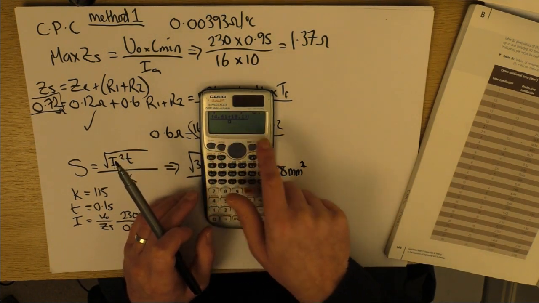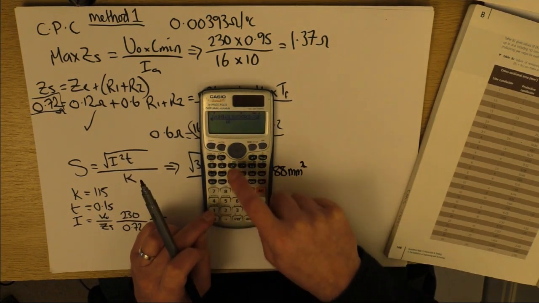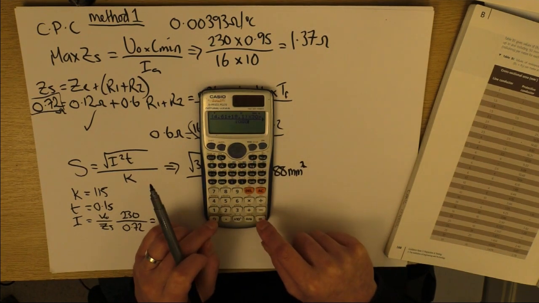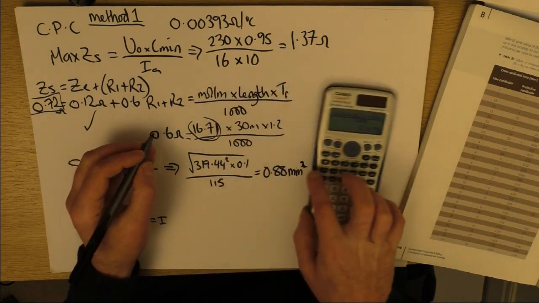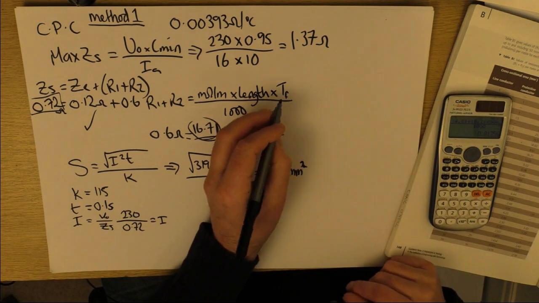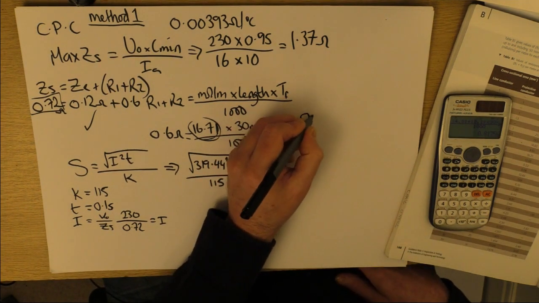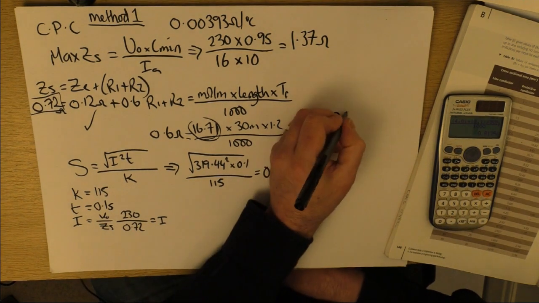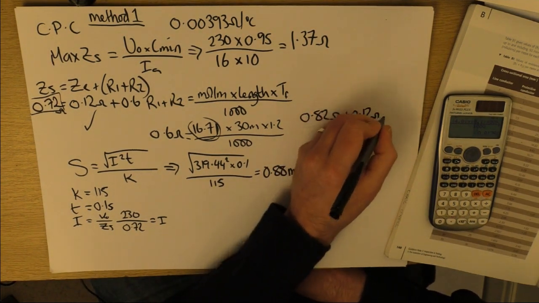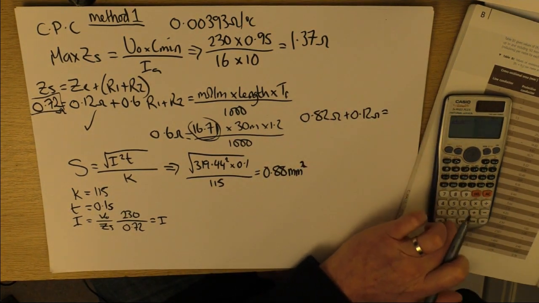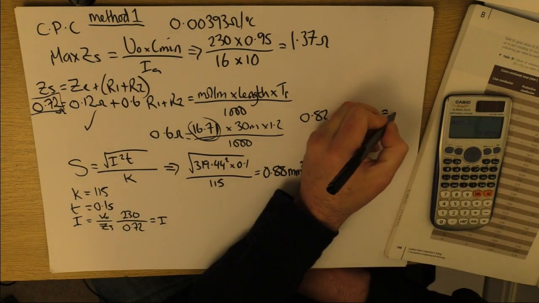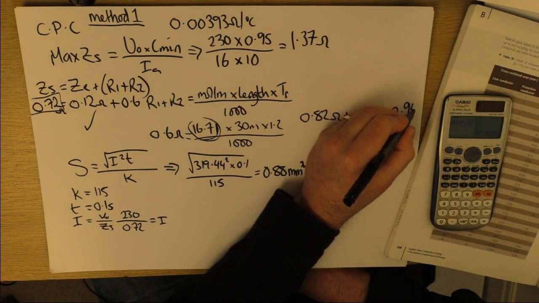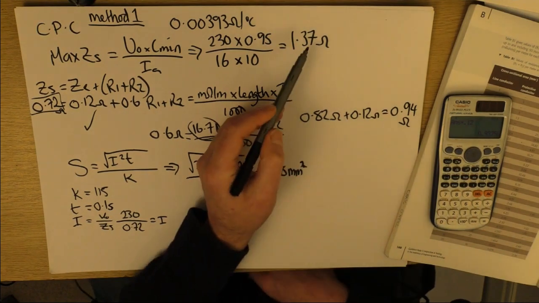So that's my milliohm per meter times 30 times 1.2 over 1,000. So that would change to 0.82. Add that to my Ze of 0.12. So my new ZS would be 0.94 ohms. So still complies.